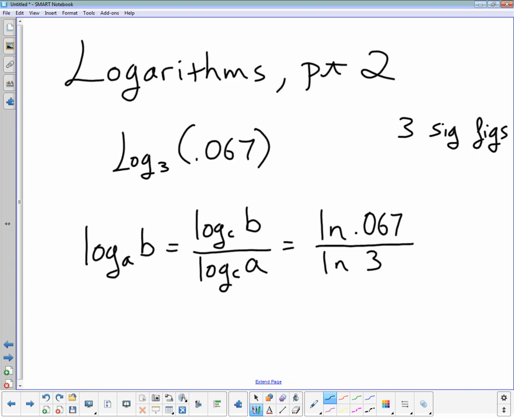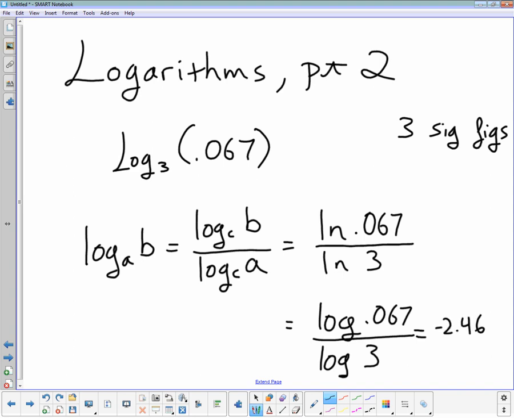You're using the regular base 10 log. Okay, hold on. You got negative, say again? And what did you guys get with the natural log? Negative 2 point.